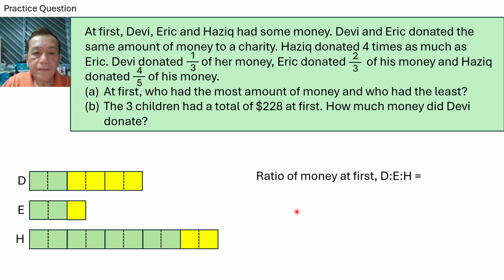Ratio of money at first, 6, 3, 10. At first, who had the most amount of money and who had the least?